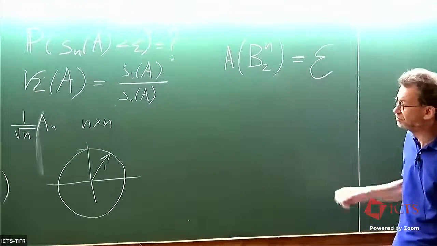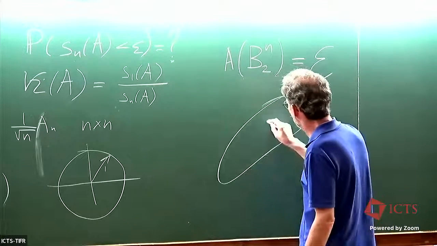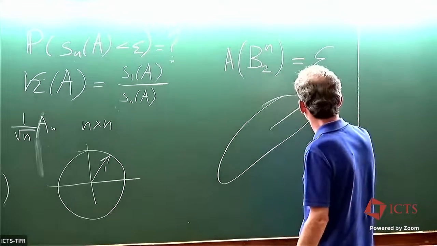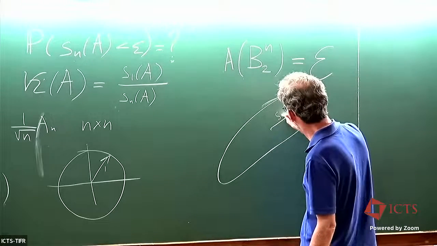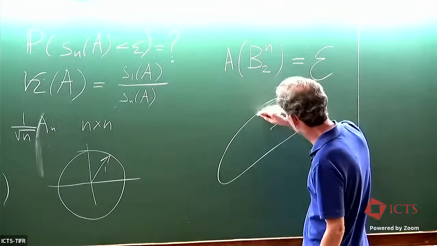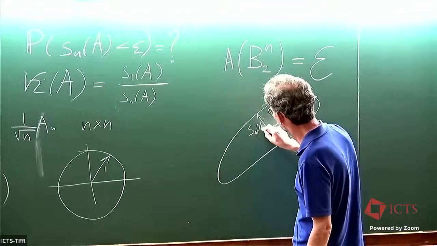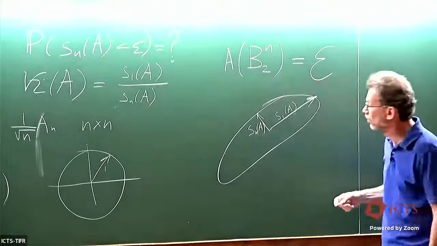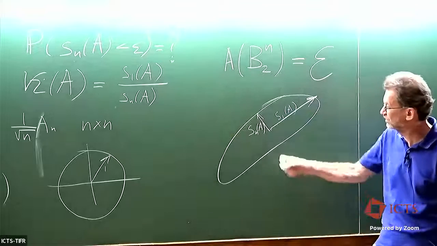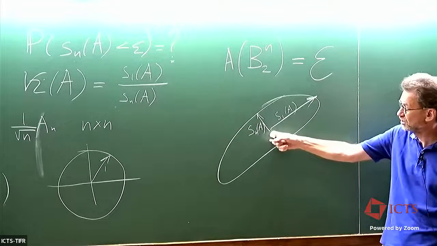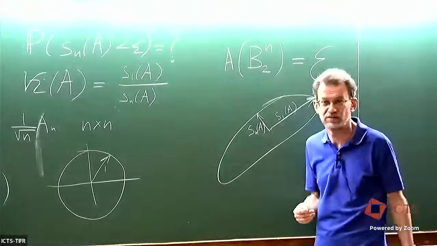The linear image of the ball is an ellipsoid. And the longest semi-axis is s_1(A). The shortest one is s_n(A). So this condition number actually tells us how much the matrix distorts the Euclidean metric.